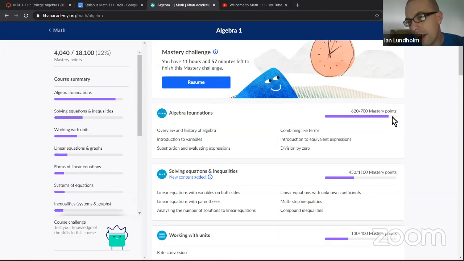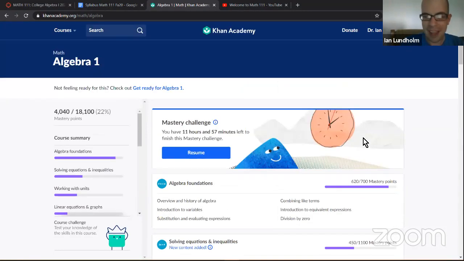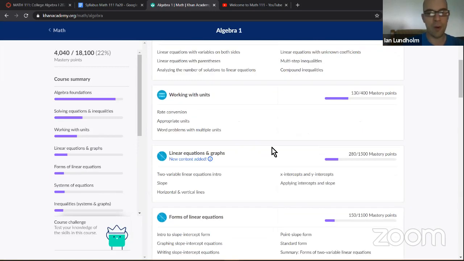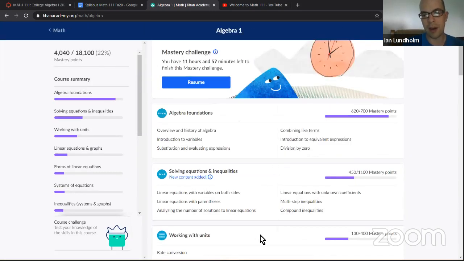And if there are a few points left over that you haven't earned yet, you can always use a mastery challenge to get those little bits of extra points along the way. So I wouldn't sweat it about having this many points not there in unit 1. I would go ahead and move on to unit 2, and then unit 3, and then unit 4 as you make progress along the way.